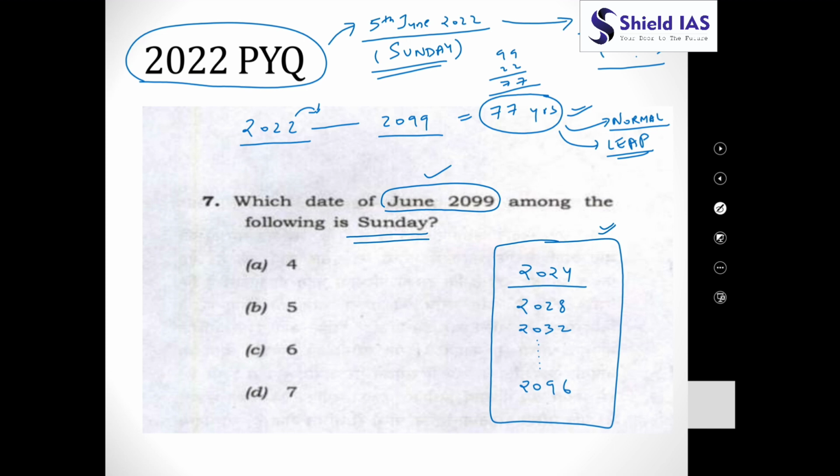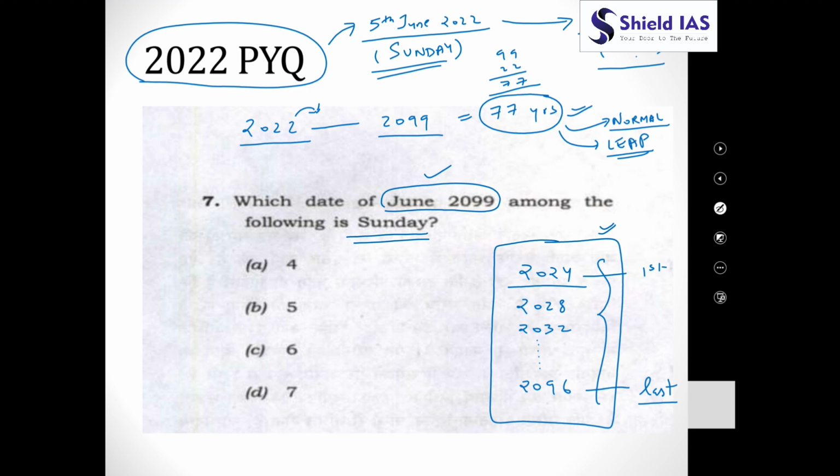now the problem begins. The problem is how do we calculate the number of these years? 2024 is our first year and 2096 is the last year. We have to calculate how many years are there between 2024 to 2096, and every year is separated by a 4-year gap.